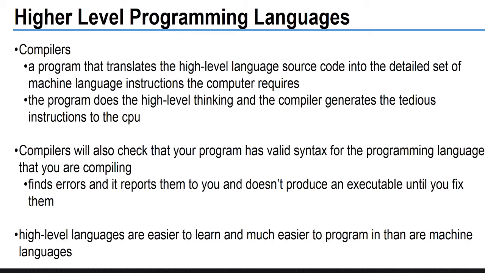The program does the high level thinking and the compiler generates the tedious instructions for the CPU. The compiler will also check that your program has valid syntax for the programming language you are compiling.